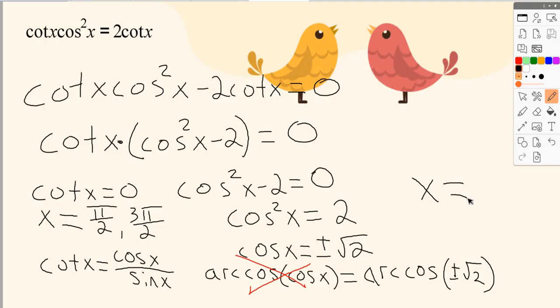What does it give us? Does anyone type it back in? What does it say?